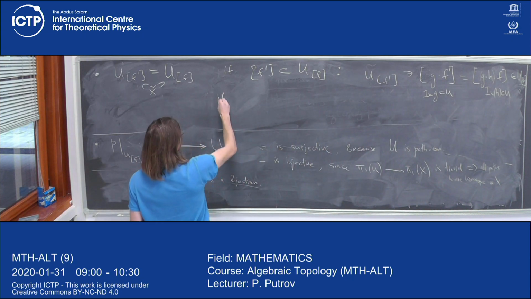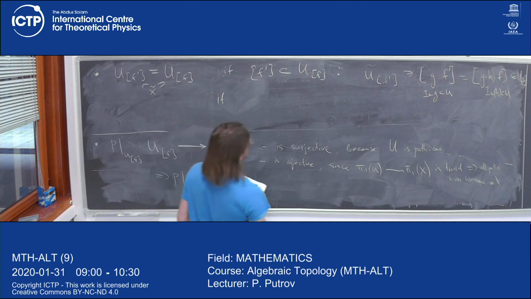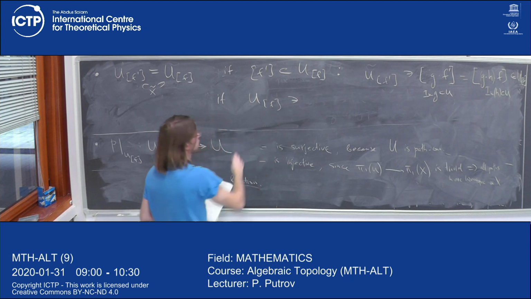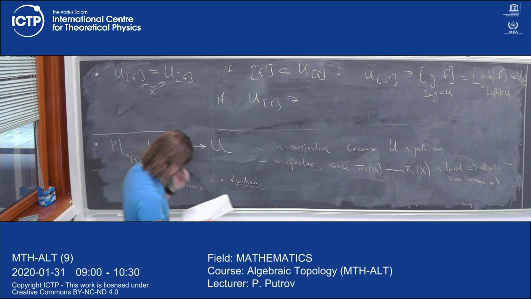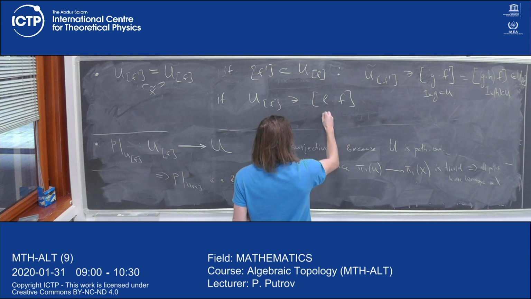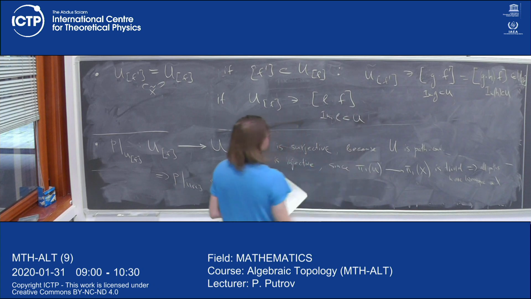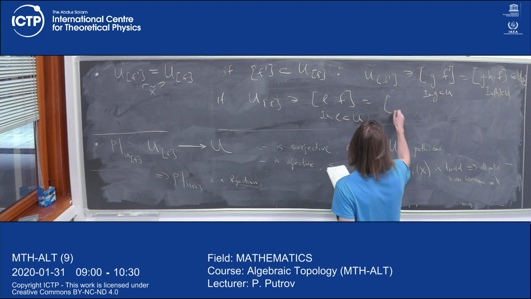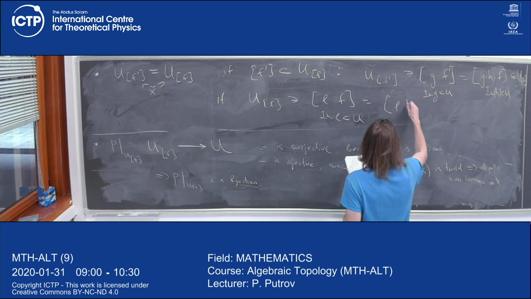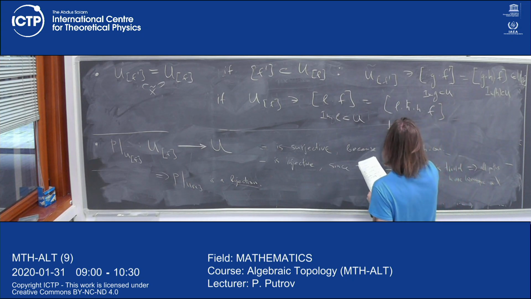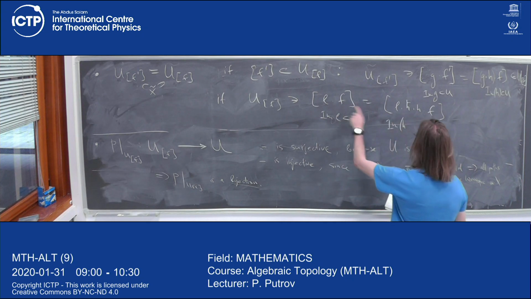Now I want to do the other way around. Consider an arbitrary element from this set. It will be of the following form. Again, the image of this path is entirely in U, and again I can rewrite it in this way, using the relation between f and f prime.